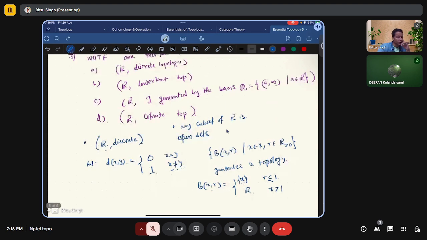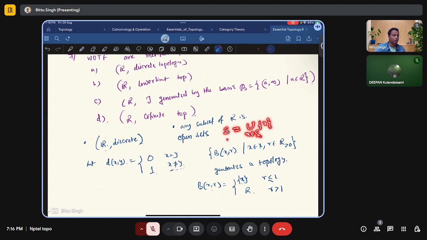So it is clear that these balls B(x, r) will generate this topology, right? Suppose S is a subset of R. S can be written as the union of the singleton sets {x}, x belonging to S.